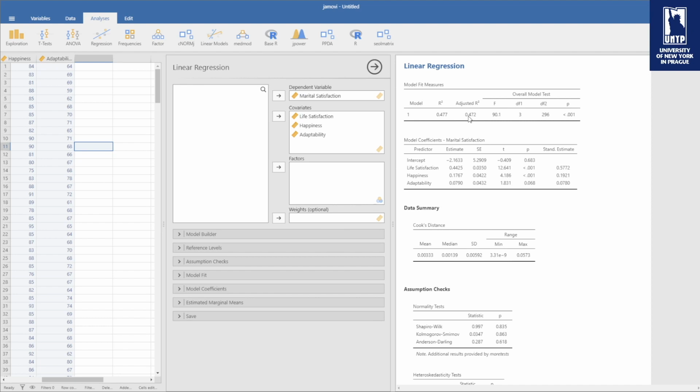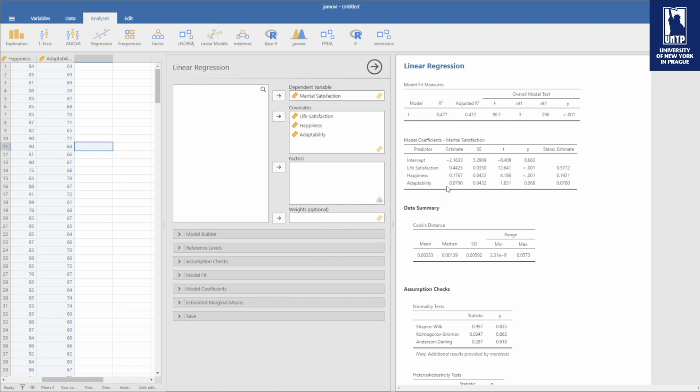And what about the second hypothesis? Our counselor here predicted that life satisfaction would be the strongest among the other predictors. How do we check that? Well, first of all, we must check the significance. In our case, we can see that life satisfaction is indeed significant, meaning it is an individual significant predictor. Happiness is also a significant predictor of marital satisfaction, whereas adaptability in isolation is not.